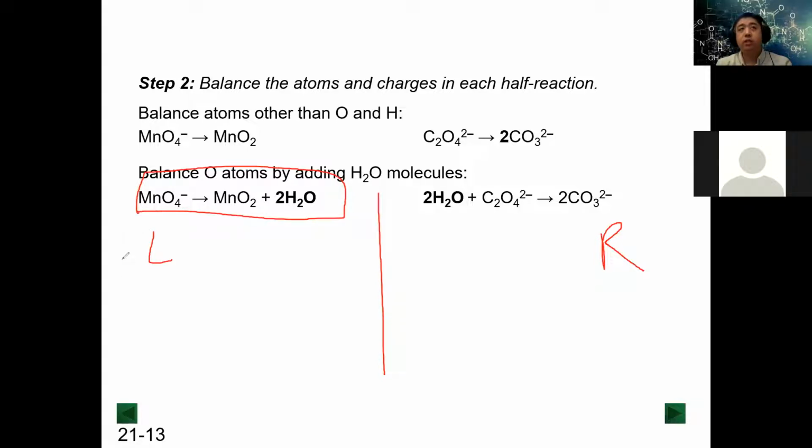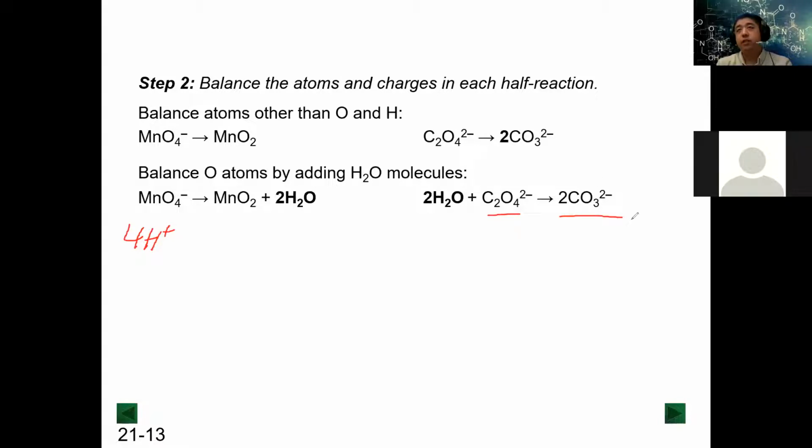How many hydrogens is it going to receive? 4 hydrogens. So it's going to be written as H plus because we're dealing with acidic solutions. And on the right side here, I'm going to add it to the opposite side, not C2O4, but to the side that says CO3. So this one's also going to have 4 hydrogens, and it's going to be H plus on that side. Any questions so far on that?